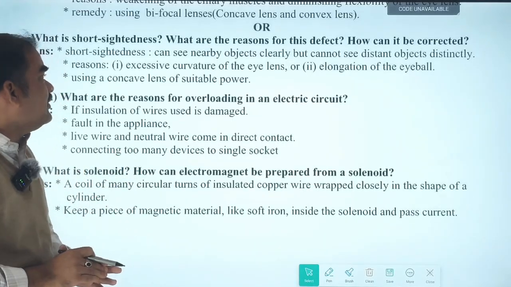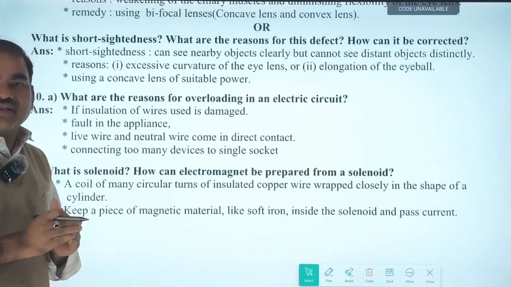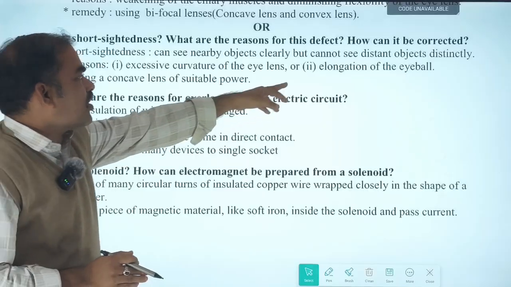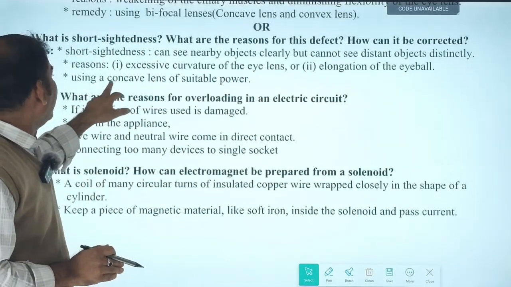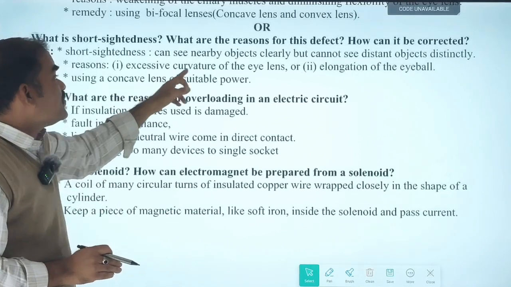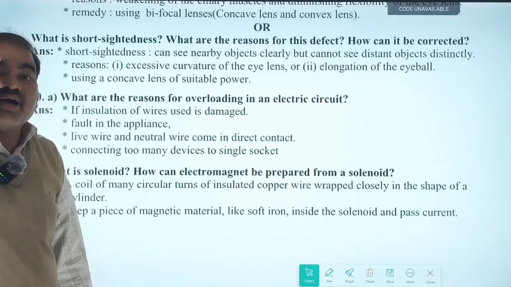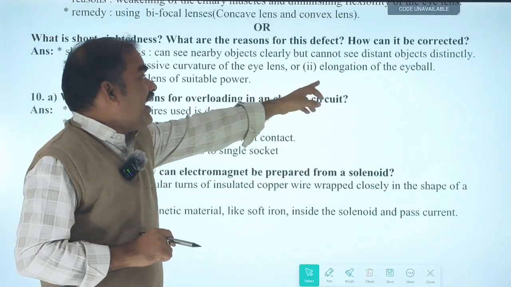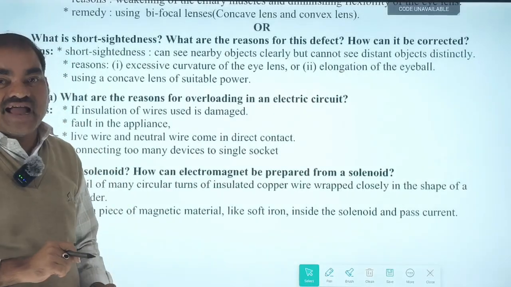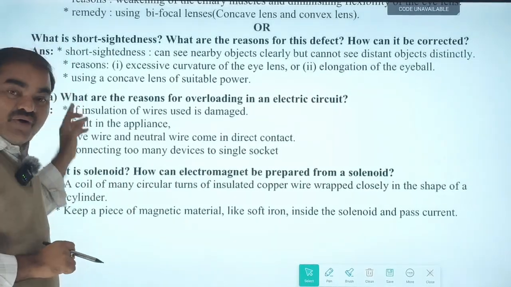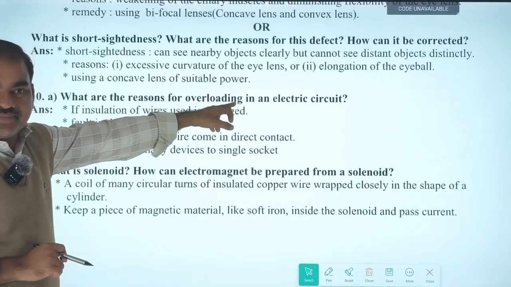Short-sightedness means nearby objects can be seen very clearly, but distant objects not distinctly. The reason is excessive curvature of the eye lens, where curvature becomes more, and elongation of the eyeball, meaning enlargement of the eyeball. It can be corrected using a concave lens.